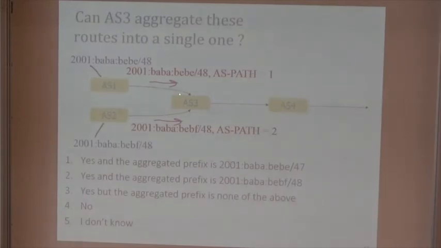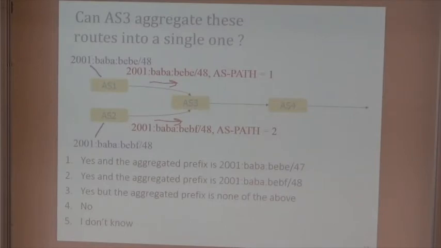So here, I'm showing IPv6 addresses. Remember, BGP handles IPv6 as well as IPv4. And aggregation is typically a problem for IPv6. So here I have AS1 that has a prefix, 48-bit, and AS2 has another prefix, and they are contiguous and they differ by only 1 bit, right? E and F differ by only their last bit.